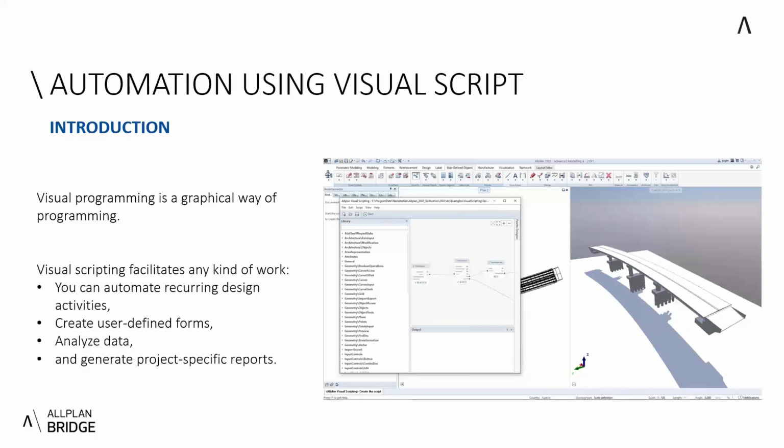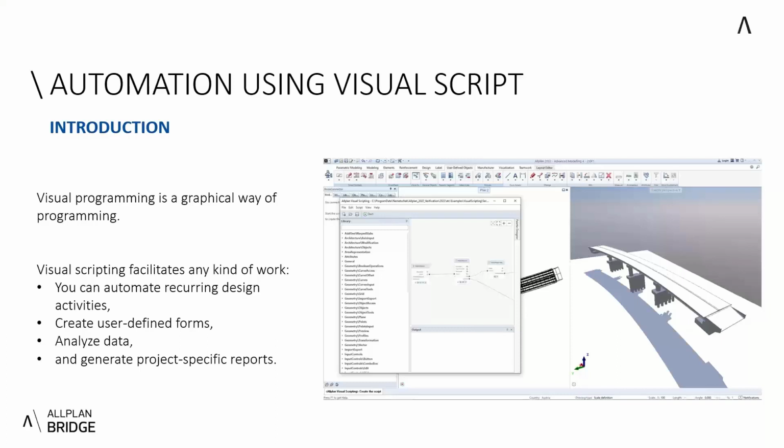Here we use visual script for different purposes. One of which is automation, but there are also other uses, such as using the visual script to create forms. What I mean by forms is what you have seen for the parametric reinforcement, where we have different inputs like the steel grade, the spacing, and the lengths and widths of the object.